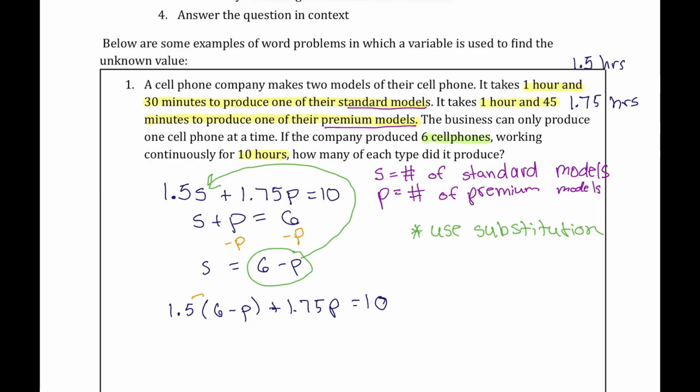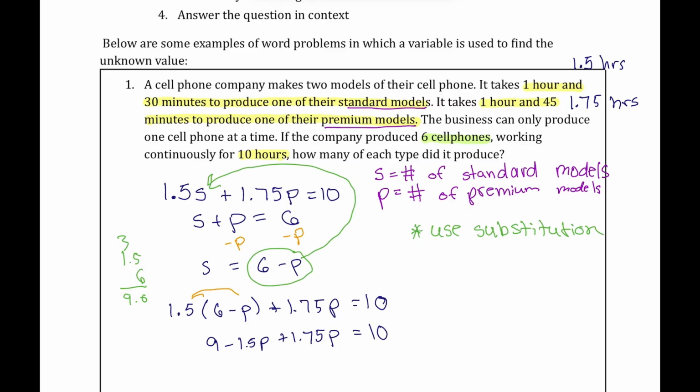First thing we want to do is distribute the 1.5. 1.5 times 6 is, let's do some work off to the side here. So 6 times 1.5, that'll give us 9. So we get 9 minus 1.5P plus 1.75P equals 10.